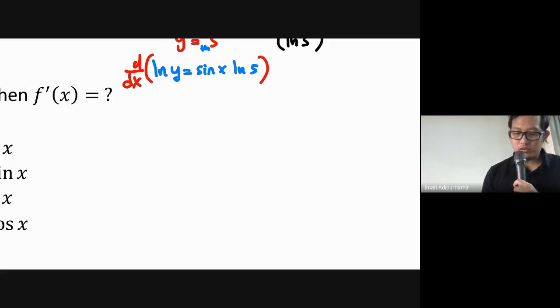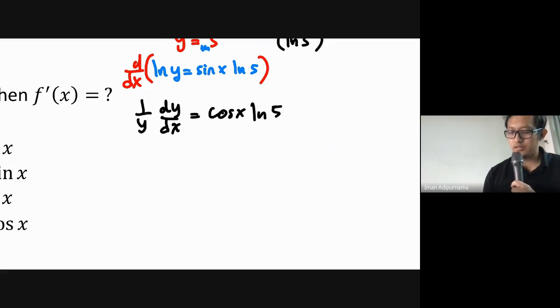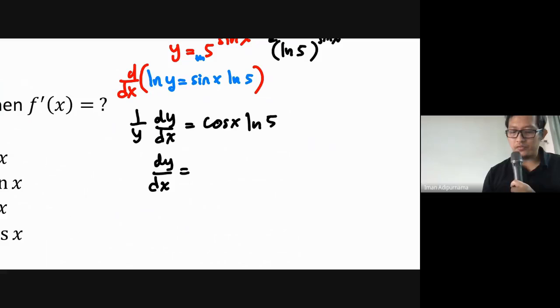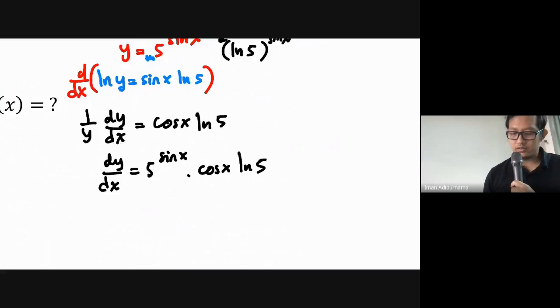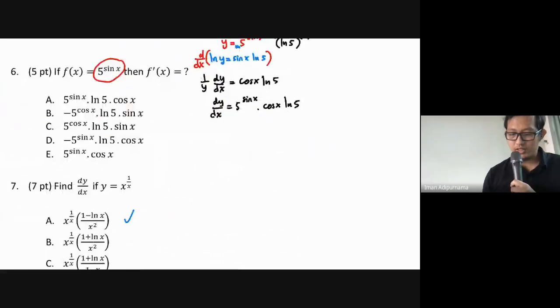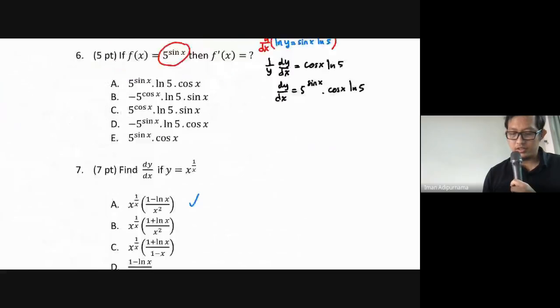So ln y becomes 1 over y dy dx. And the derivative of sine x is just cos x. ln 5 is a constant. Then dy dx is, this y is 5 to the sine x, right? Okay. Then you get the answer.